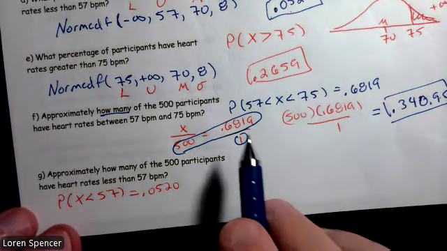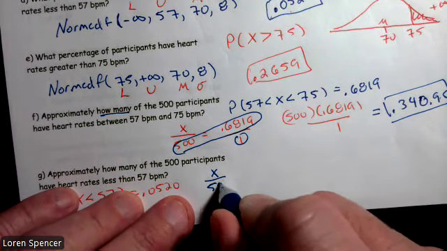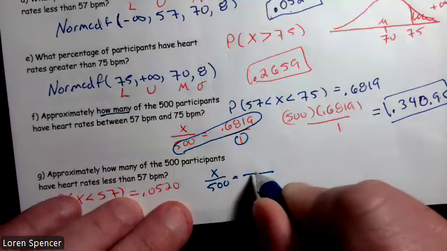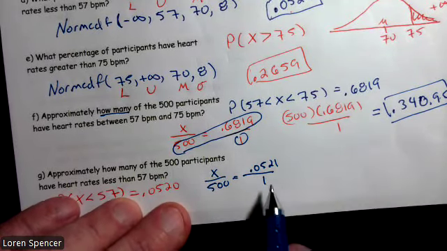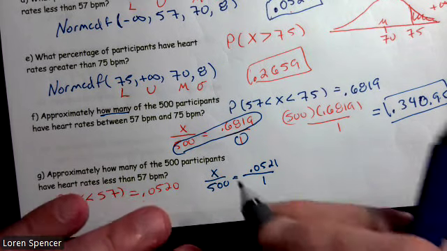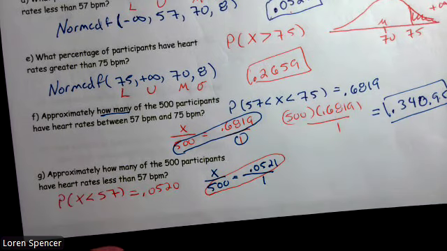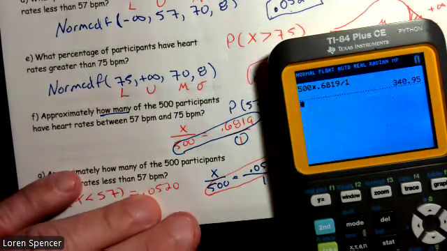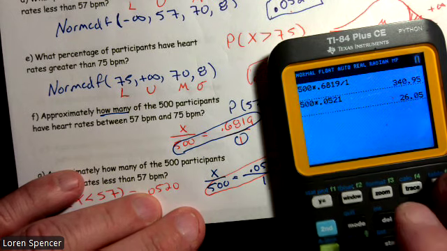All right, so once again, we're going to set up a proportion. How many out of 500? X out of 500 equals 0.0521 over 1, part over whole. So I'm multiplying those two values. 500 times 0.0521 is 26.05.